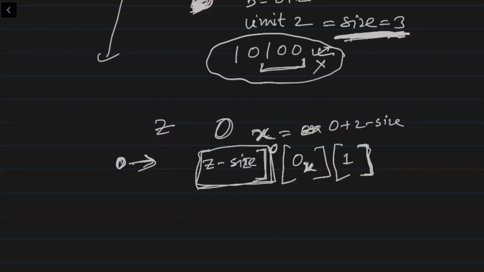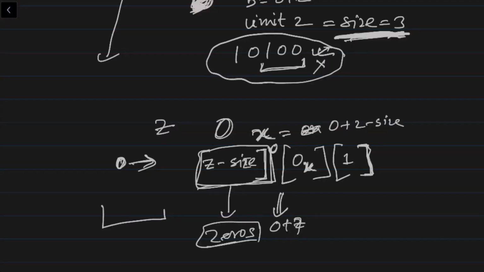After that, till the o plus z index, I can put only zeros. So whatever I have in the end, if I have something like 0, 1, 0, something, something, something, then in the end of the window I can put only zeros. There is nothing else I can put.